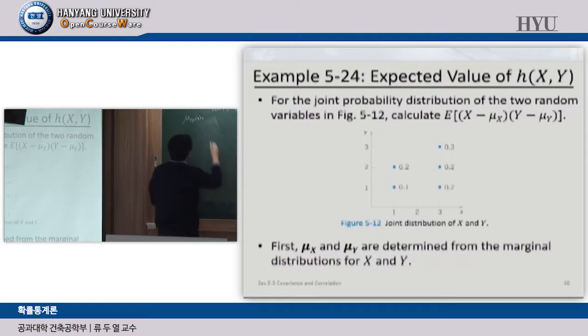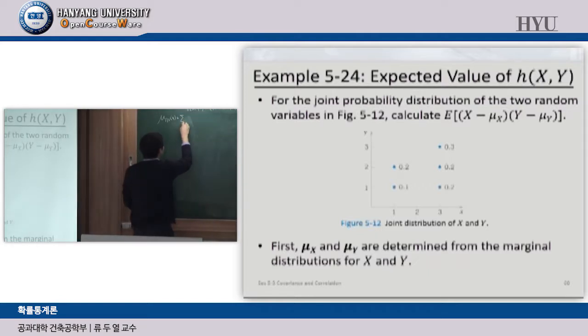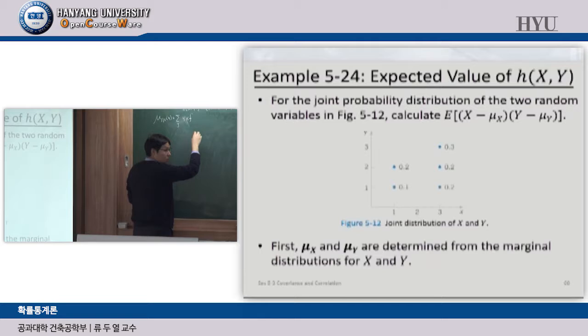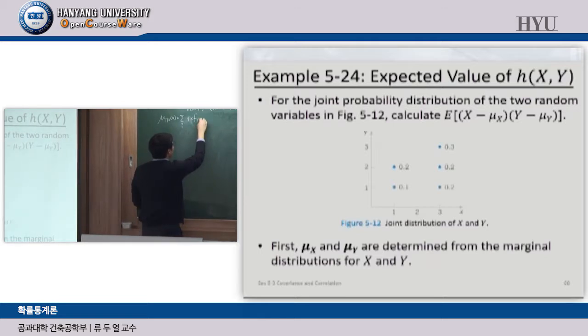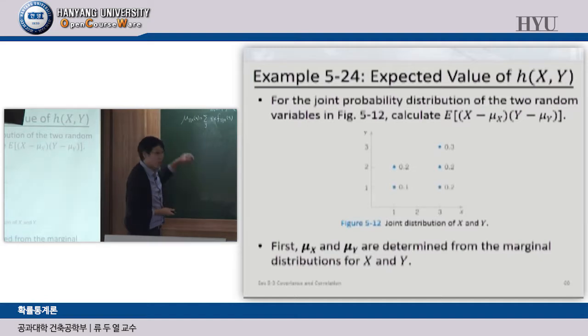And that was equal to the summation of y times the conditional probability mass function. Okay? We have already learned about this equation in the previous class. And this is about the conditional mean for the case of a discrete random variable, right?